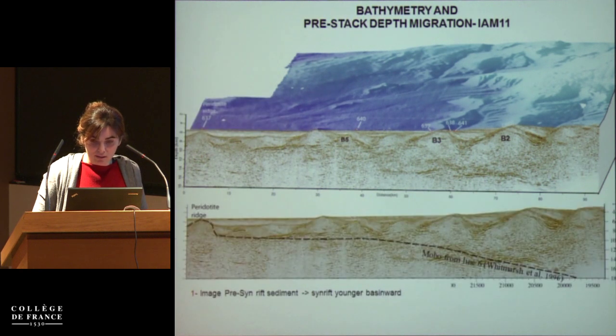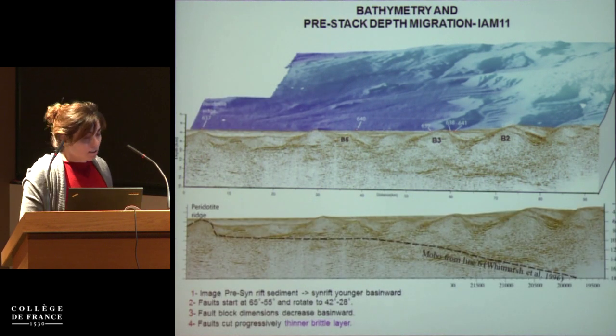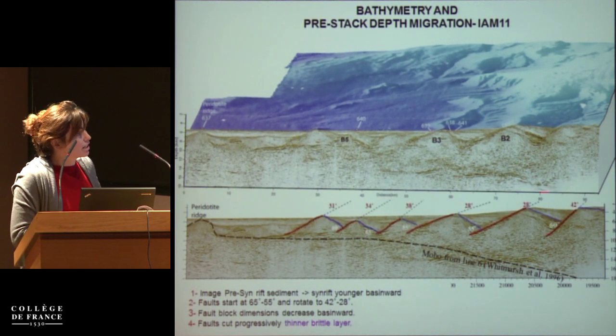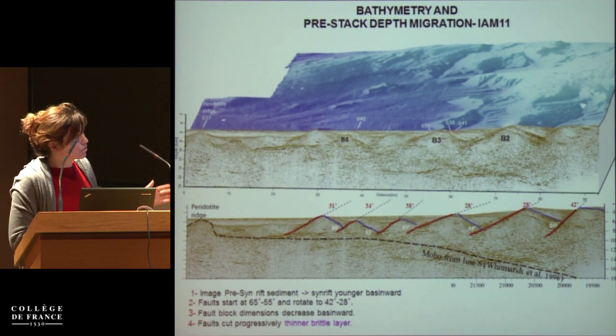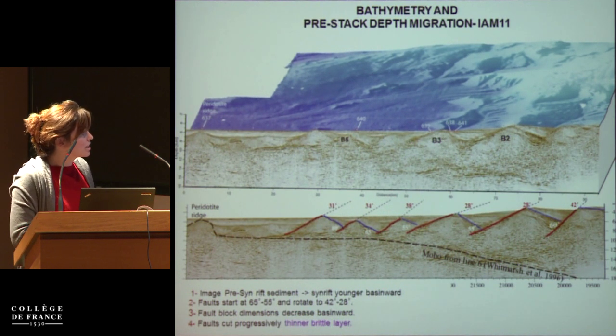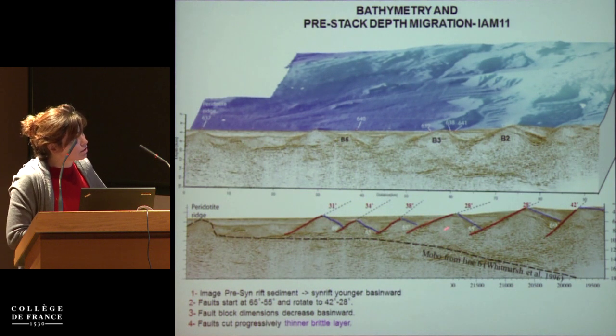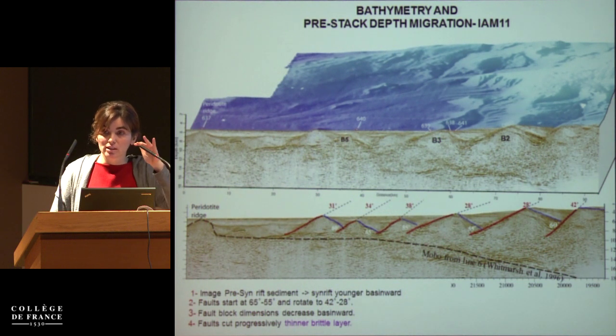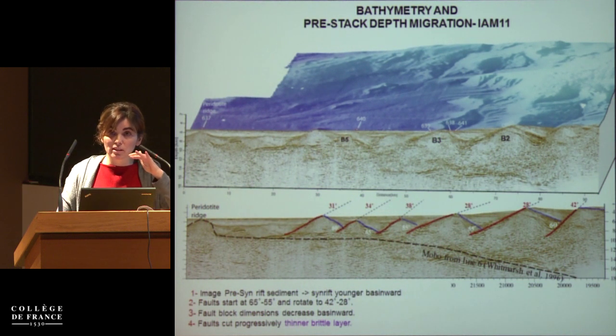So we can measure the angles of these folds, and they are all within normal Andersonian angles from 60 to 30 degrees. The dimensions of these fold blocks decrease basinward because the dimensions of the fold block is related to the dimension of the brittle layer.